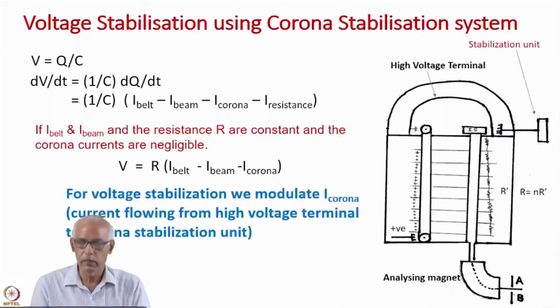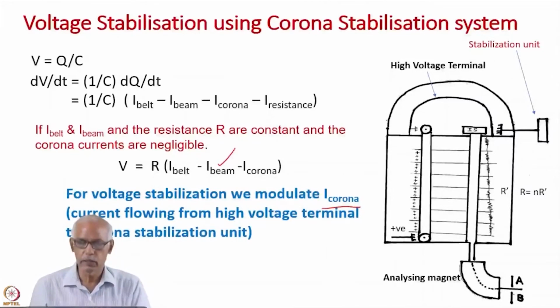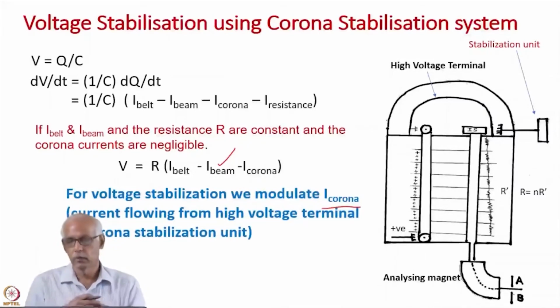So for corona stabilization, basically we modulate this because the beam is more or less fixed, and the belt or the pellet chain has to take care of this. So what we do is that we modulate I corona over the corona systems here, and that is used for corona stabilization units.